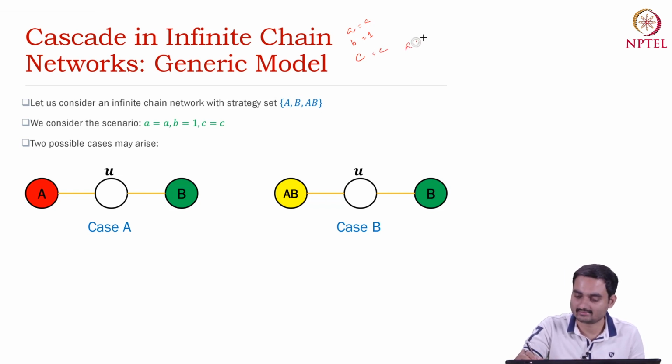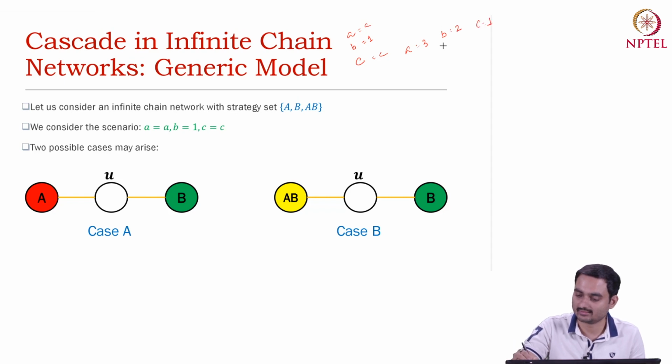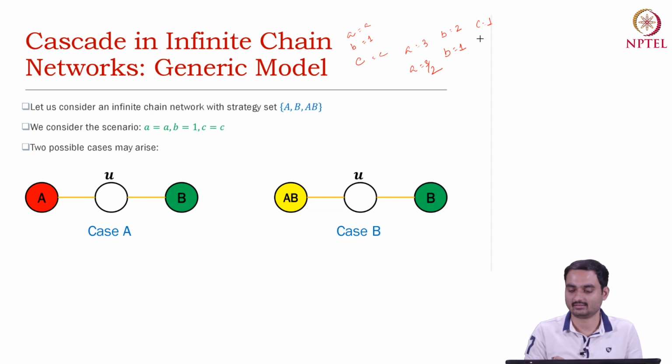Say A is 3, B is 2, C is 1. We can easily make B equal to 1 by dividing by 2, and then A would be 3 by 2. So let's fix B as 1 and the other two parameters remain the same, A equals A and C equals C.